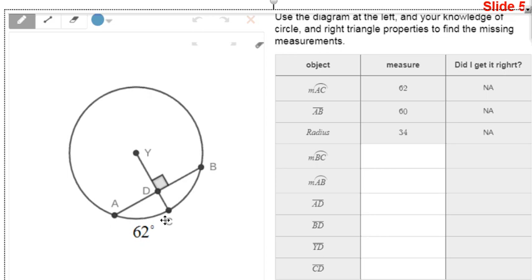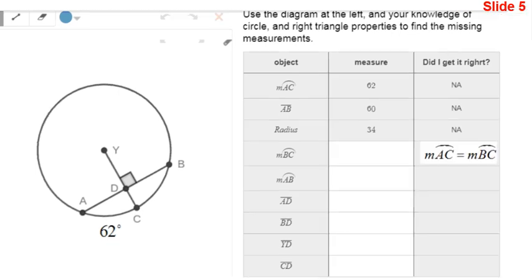So if AC is 62 degrees, that means BC should also be 62 degrees. So if we add the two parts of the intercepted arc together, that would be the length for AB, which would be 124 degrees.